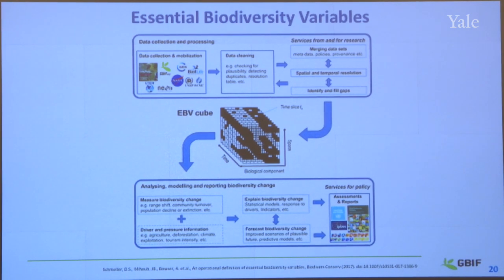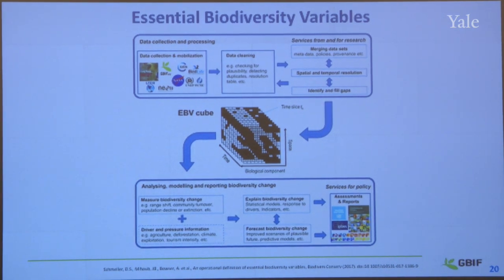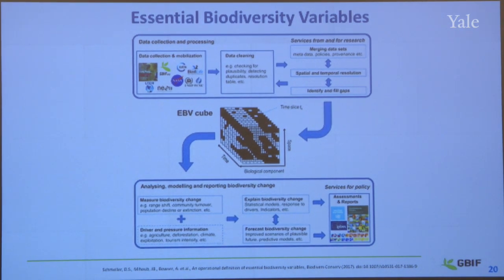And the whole idea is, again, to focus the community on developing these products that are much more standardized, well-formatted, and documented that can be reused for a variety of different purposes. It would be easier to integrate, let's say, data from one data cube with another data cube and then address some of these complex challenges.